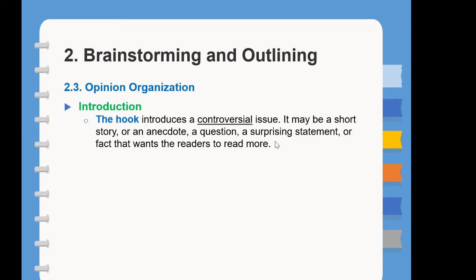But remember that the hook must introduce a debating issue or debating problem. You can write the hook by using a short story, a question, a surprising statement, or a fact, anything that you want the readers to read more.